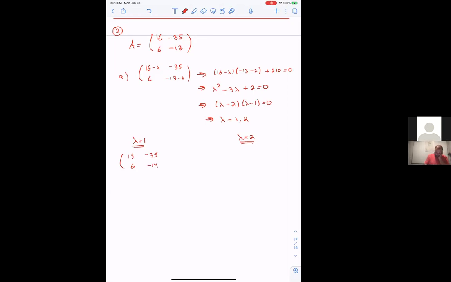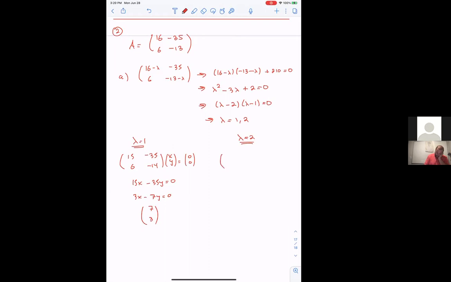Yep, okay. Times x, y is equal to 0, 0. So 15x minus 35y is equal to 0. Divide by 5. 3x minus 7y is equal to 0. X is 7, y is 3 would work.